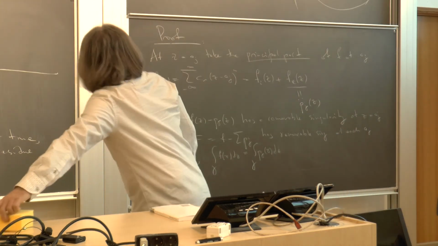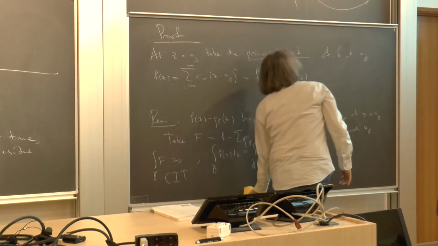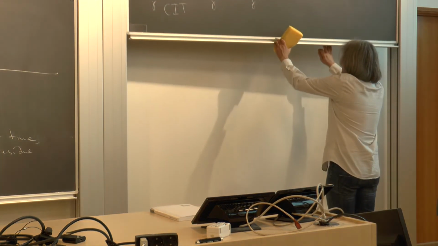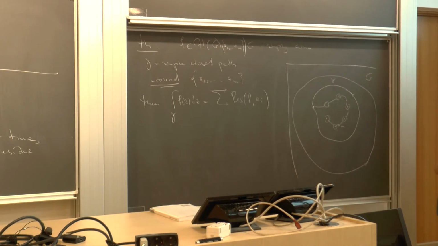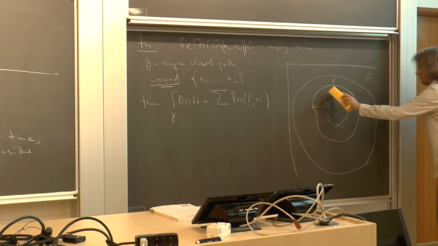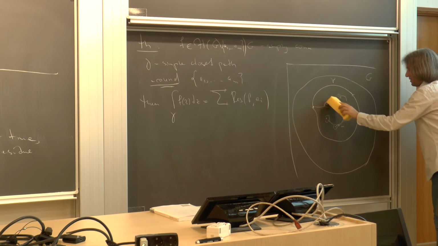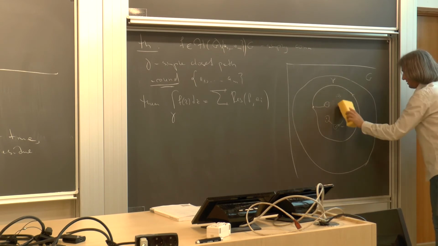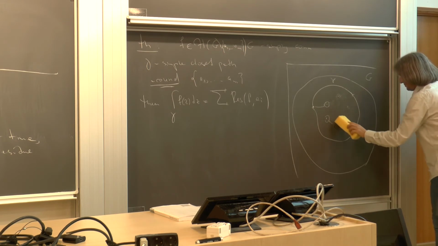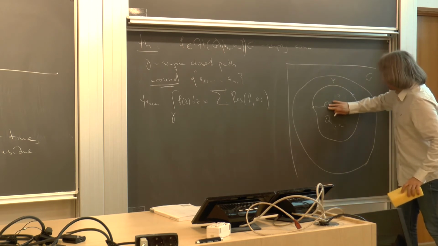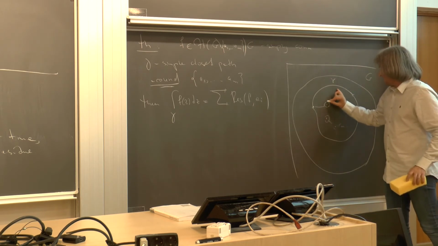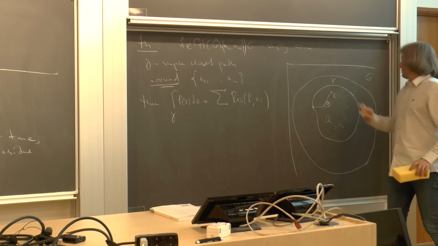I'll do it just on the blackboard. We can make this path smaller. If we're doing just one P_j, P_j has a singularity only at one of these points, say a_j.